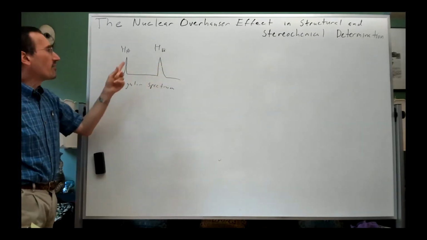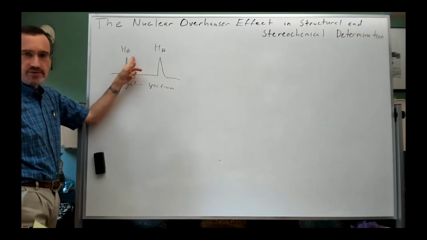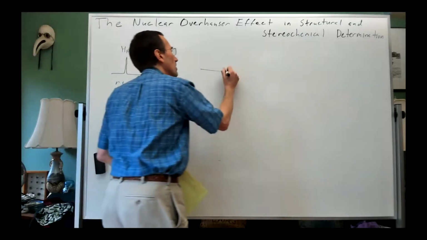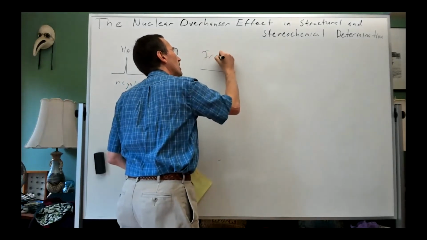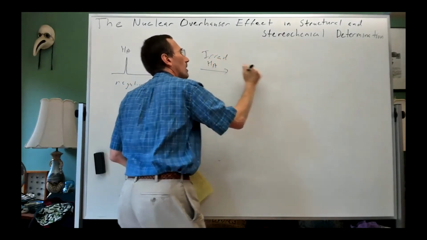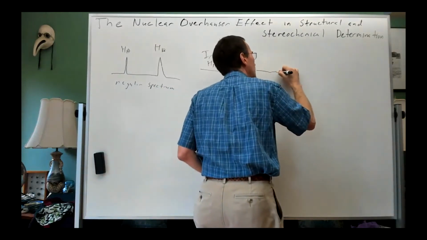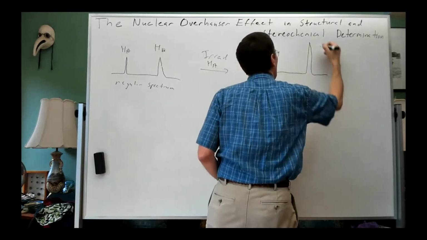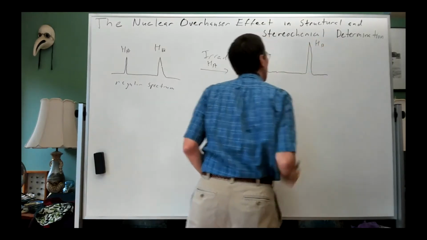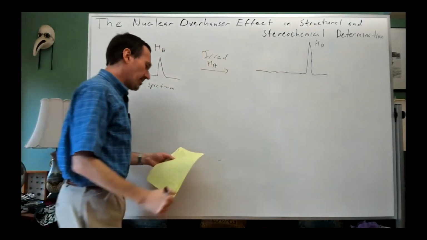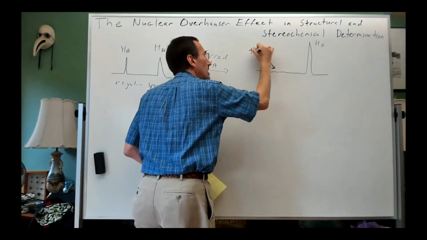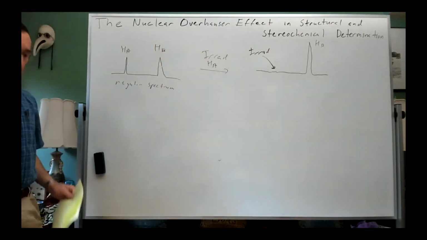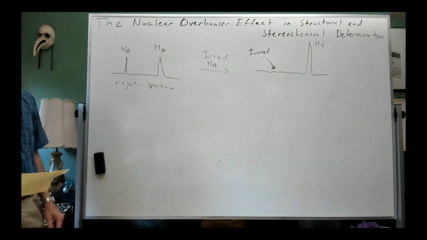And let's say we're at 500 megahertz. So we're applying a signal that levels the population. And so we see that HA's peak disappears. And schematically, what I've tried to do is show that HB has gotten bigger, right? So we're irradiating over here at that frequency, and the HB peak has gotten bigger.